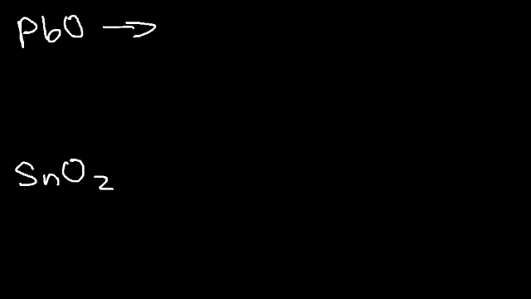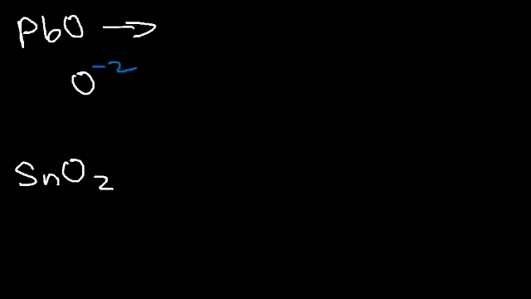Now let's try another example. Try these. PbO and SnO2. So even though lead and tin are not transition metals, they do have multiple oxidation states, typically +2 and +4. So you know that oxygen has a -2 charge.